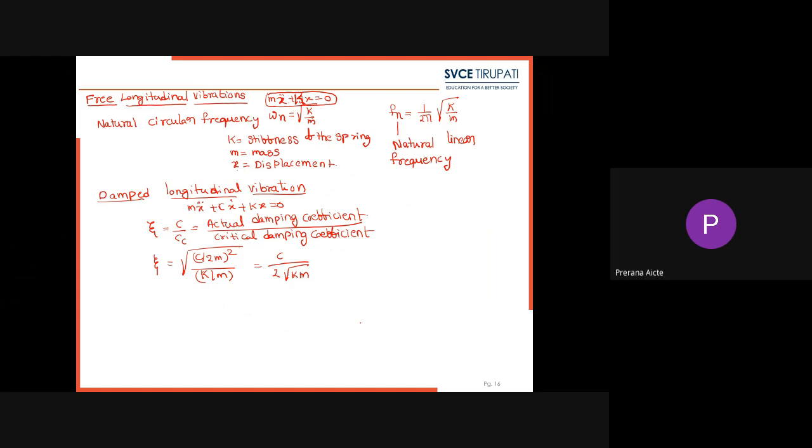That will be given if they are asking you to solve some of the problems. And here from this, we can say that Cc is equal to 2 into root of S m, or maybe K m. Sometimes I write stiffness as S.